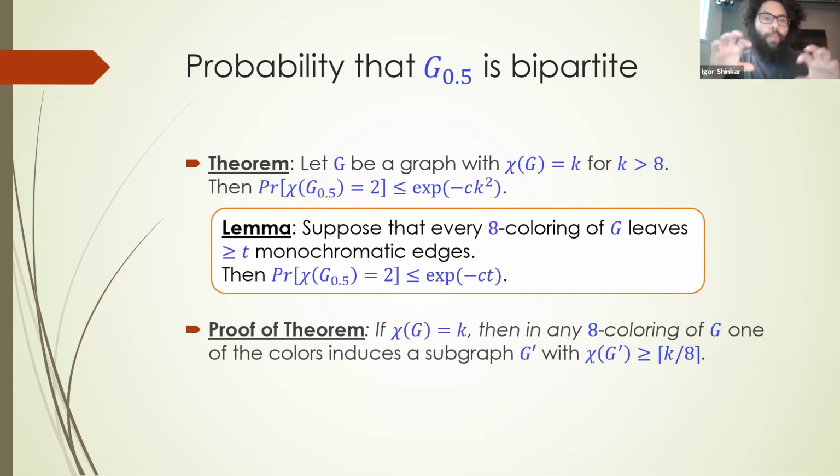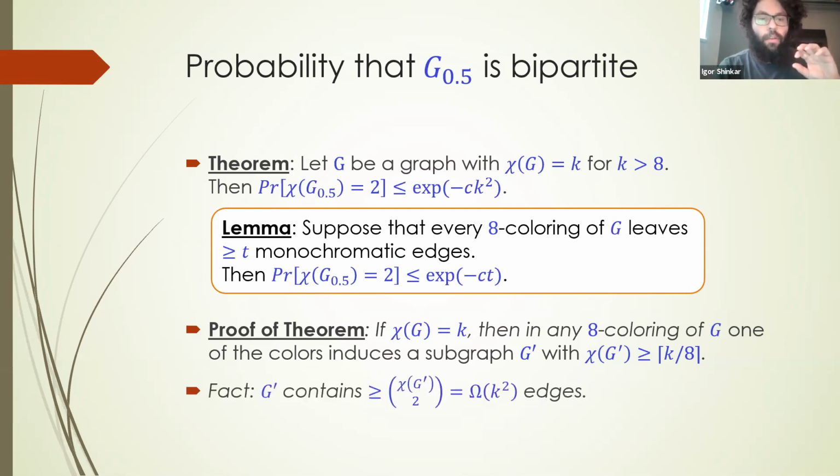I partitioned it into 8 parts, the chromatic number was k, so one of the parts has chromatic number at least k over 8. Here's a small fact: if the chromatic number is at least k over 8, it must have at least order k squared edges inside. So we apply the lemma, and by the lemma, the probability that this part will become bipartite is exponentially small in k squared. There is a constant c from the lemma, and another constant from the omega, but basically that's the proof.